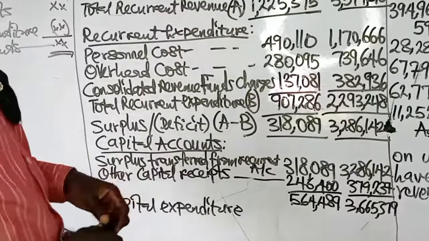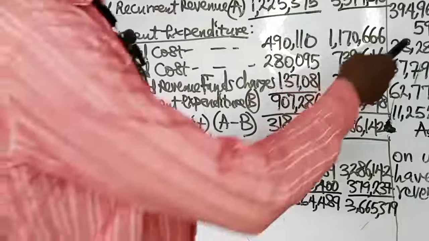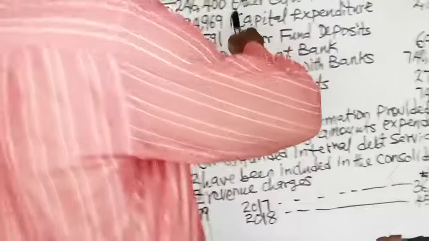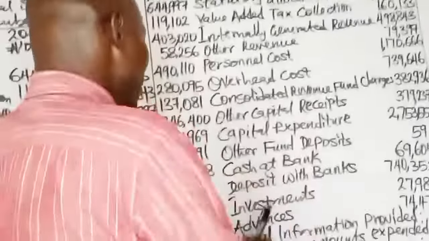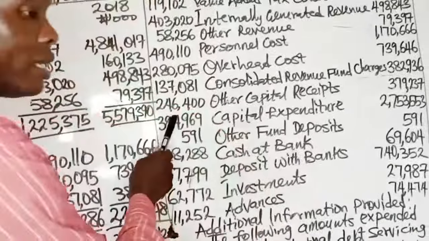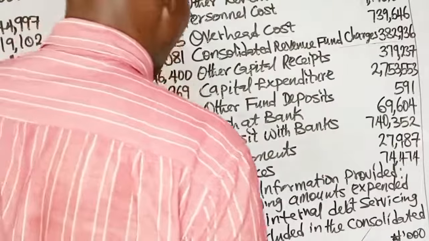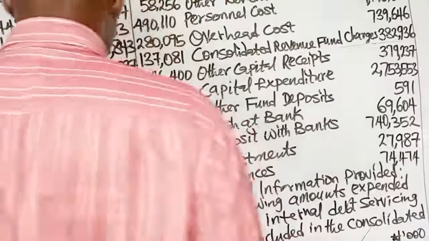Back to the question, you have any other capital expenditure? Then you have capital expenditure. 2017, you have 394,969. And that of 2018, you have 2,753,553. This is the only expenditure of capital item we have in the question.